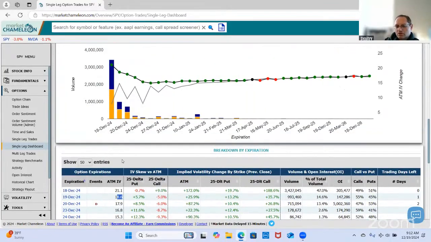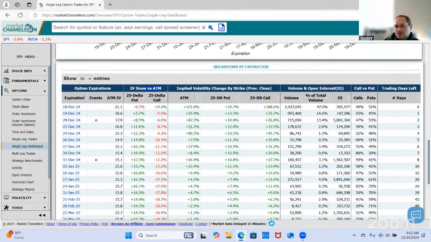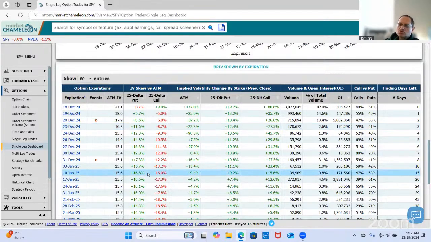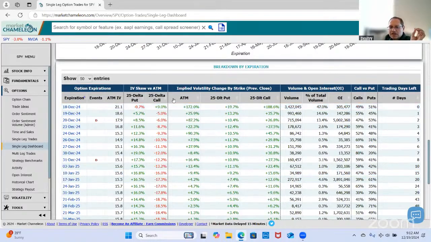And then we have this skew, which measures what the implied volatility is for an out-of-the-money put. So we're looking at a 25 delta put here, and an out-of-the-money call, 25 delta call. And then we compare that implied volatility to the at-the-money. So that's what we're doing.